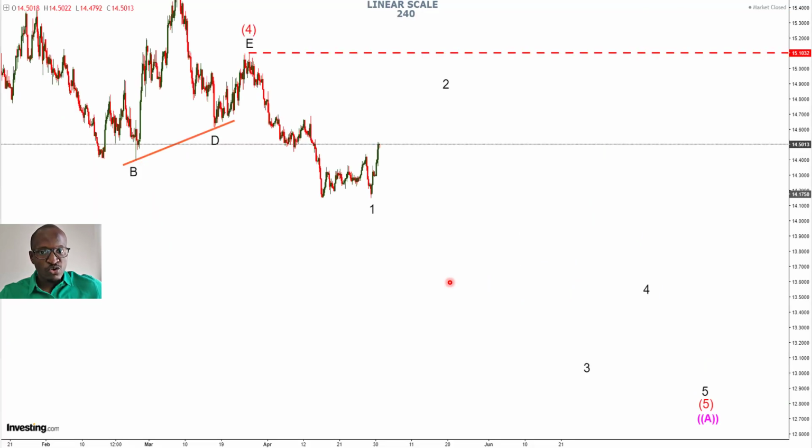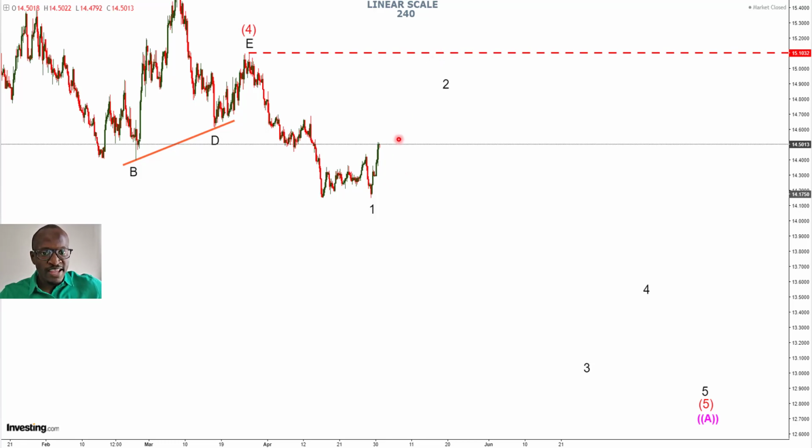Alternatively, we could have a situation where this bottom at just above 14 Rand is only the conclusion of wave 1, of wave 5, of wave 5, of wave A. So for this to remain true, this rally in the dollar ZAR should not breach this 15.1032.